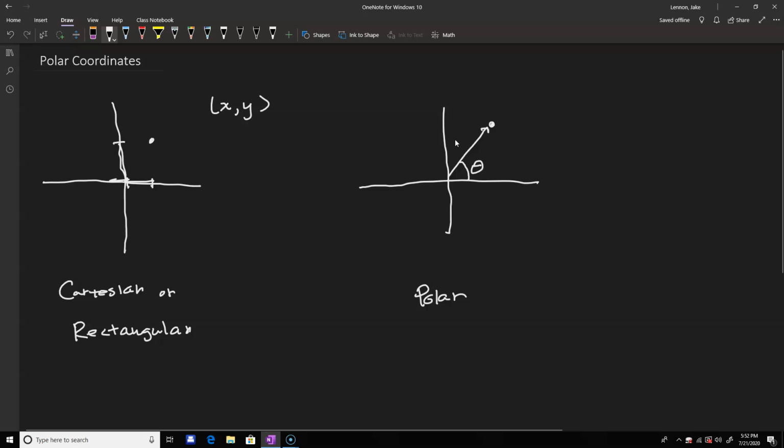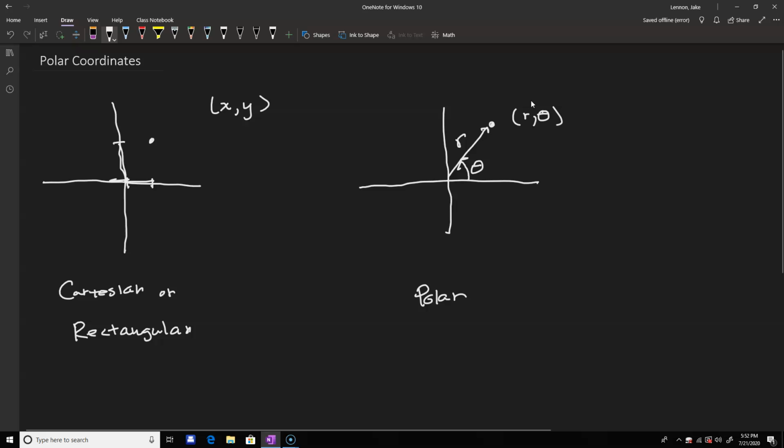So you get this fixed distance r, and you get this angle, counterclockwise being the orientation. So you can define each point in the plane by an r and a theta. You can think of those distances as a bunch of concentric circles about the origin that would represent each point.